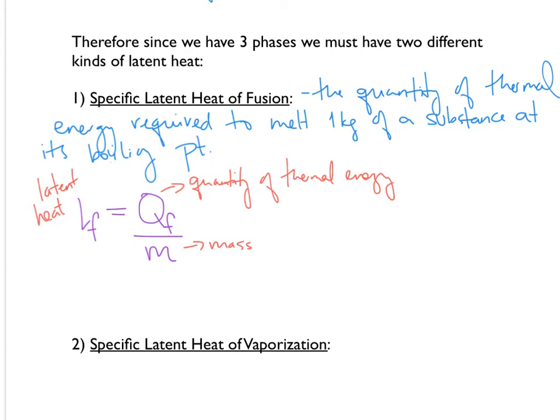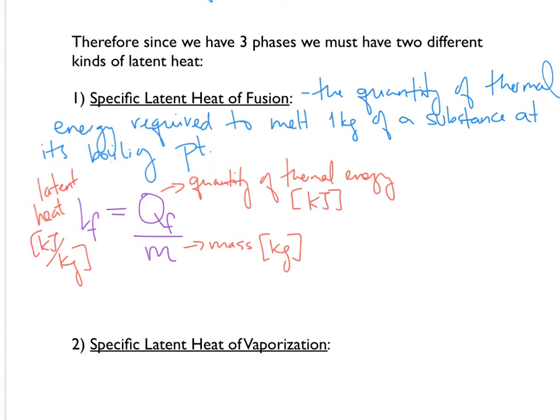Now just to add some units to this, we know that thermal energy is, in this case, going to be measured in kilojoules and mass in kilograms. So your latent heat will be measured in kilojoules per kilogram.